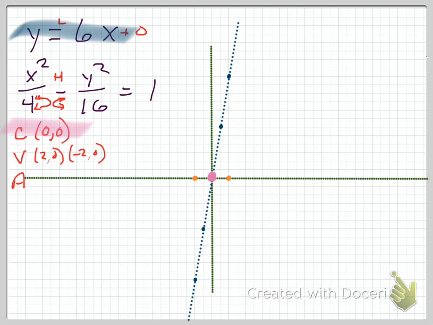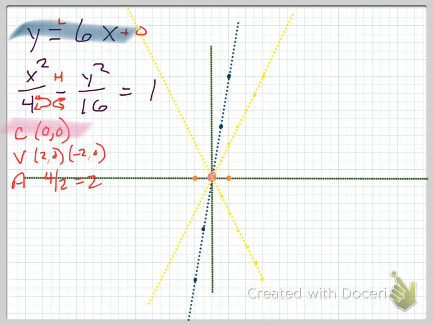I can see right now this is a guppy. But I'm going to continue to graph. The slope of the asymptotes is 2. So from my center, I'm going to take slopes of plus and minus 2, and those are yellow. Up 2 over 1, up 2 over 1, up 2 over 1.